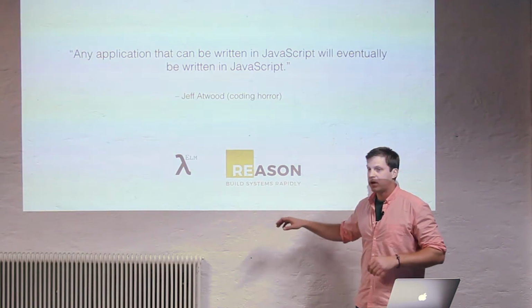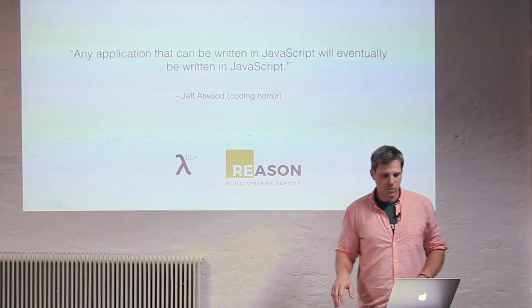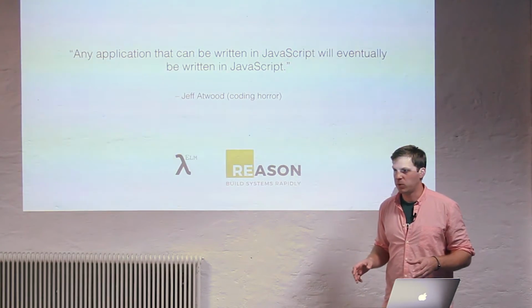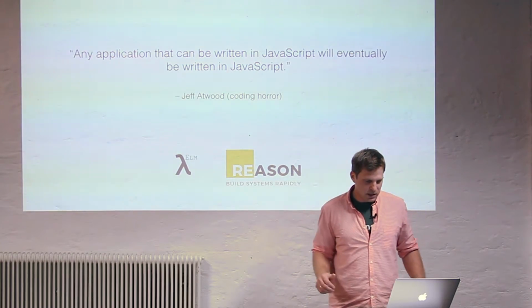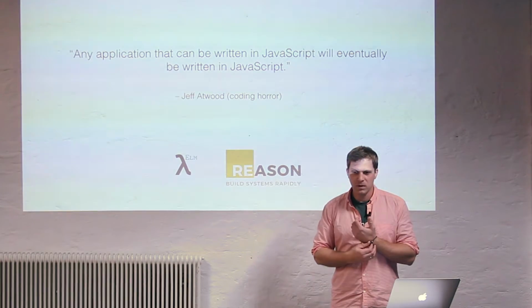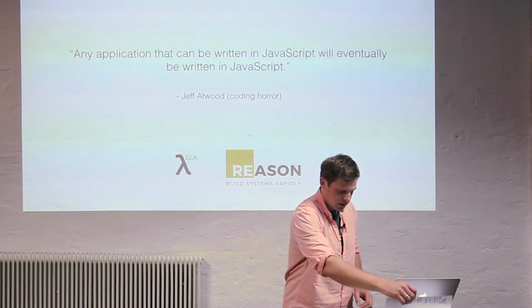But this is a disclaimer. I'm not going to talk about Elm and Reason, because those are functional languages for JavaScript. But I'm going to talk actually about the built-in, the out-of-the-box stuff for JavaScript and how to apply it functionally. And yes, of course, JS is everywhere now. So if you know Jeff Atwood, the Coding Horror blogger guy, he says that whatever can be written in JavaScript will be written in JavaScript eventually.